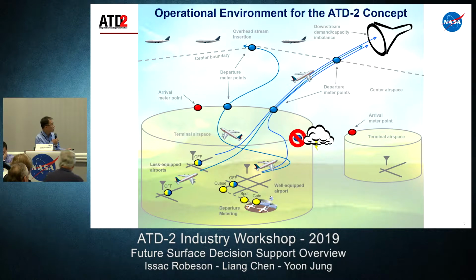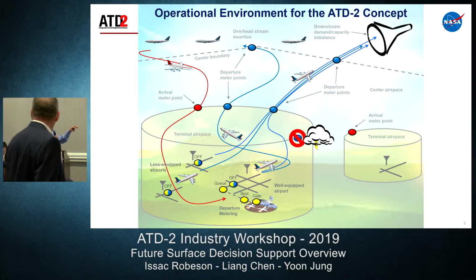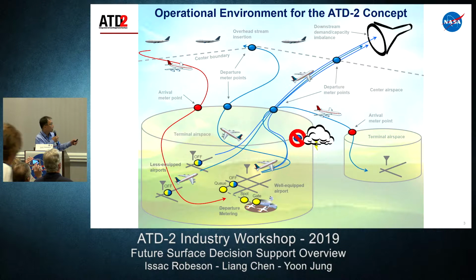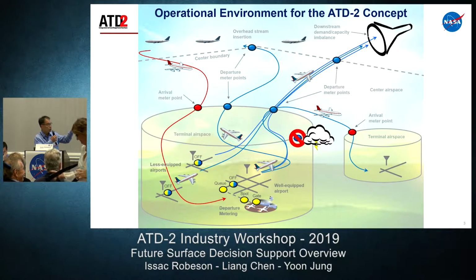Lastly, there is a trajectory layer. All the departures from multiple airports in the terminal airspace need to be scheduled and fly through those departure fixes, and arrivals are also scheduled to arrive at the airport through the arrival meter fixes. The trajectory from the home terminal airspace may be departing from the airport and then flying into the adjacent terminal airspace, which may have another metering arrival constraint imposed over those departures.